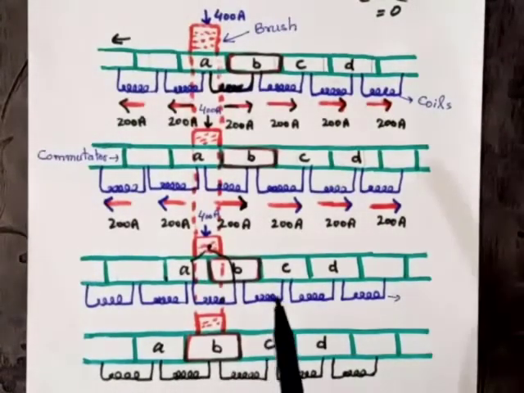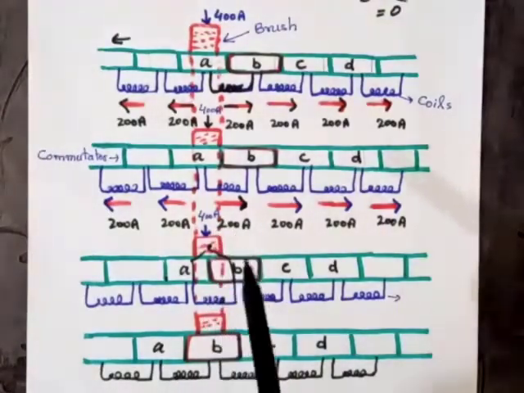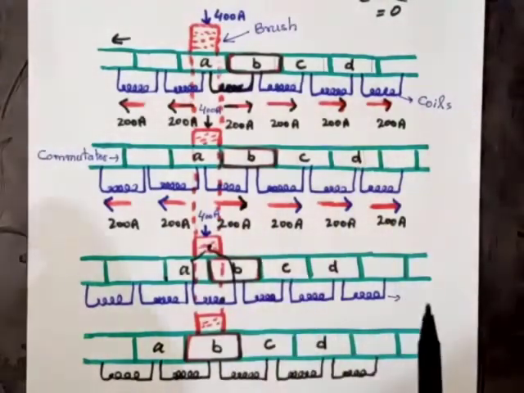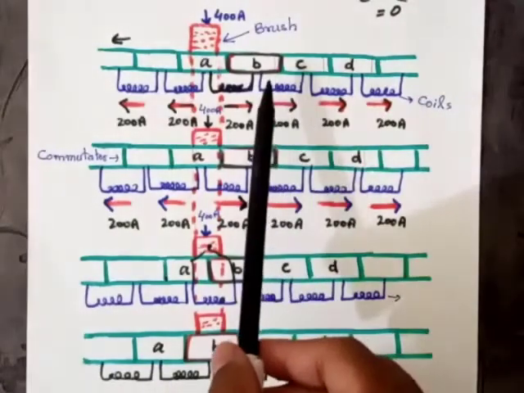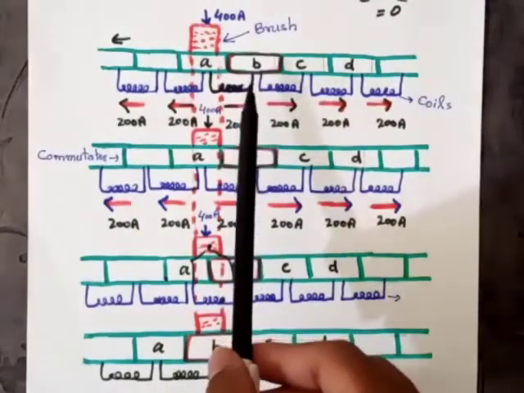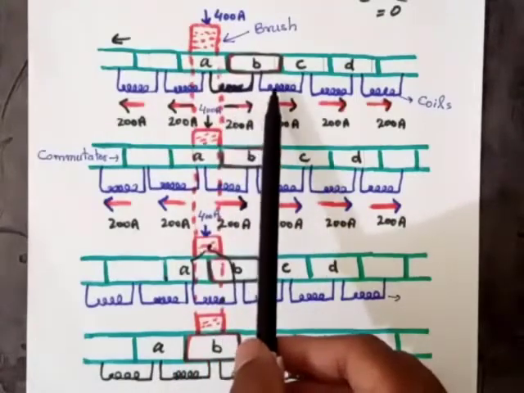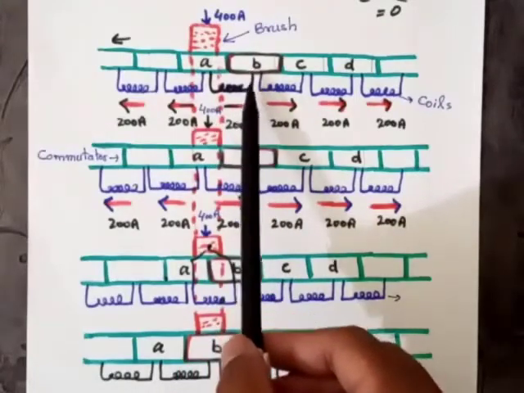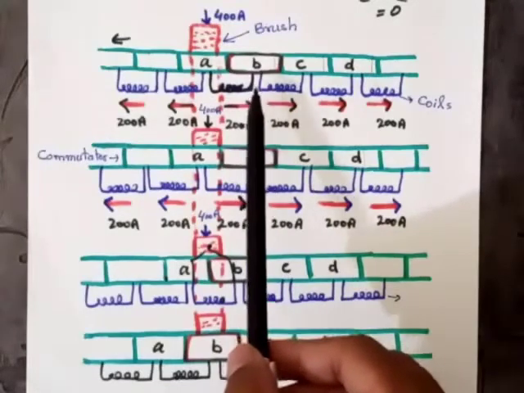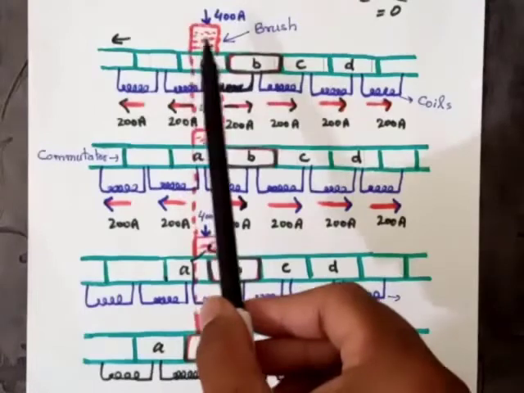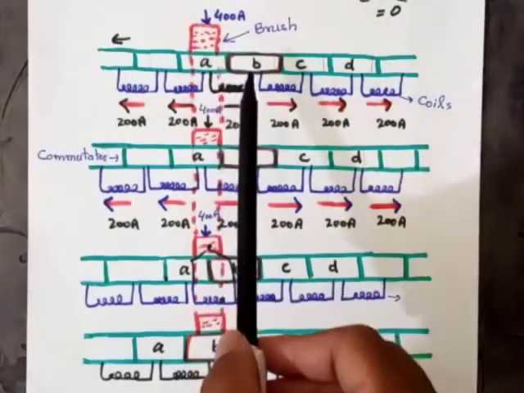And the commutator segments are rotating with the rotor. As we know, the coils are connected with the commutator segments. When the coils are rotating, then the commutator segments will rotate as well, and the positions of the brushes are fixed.